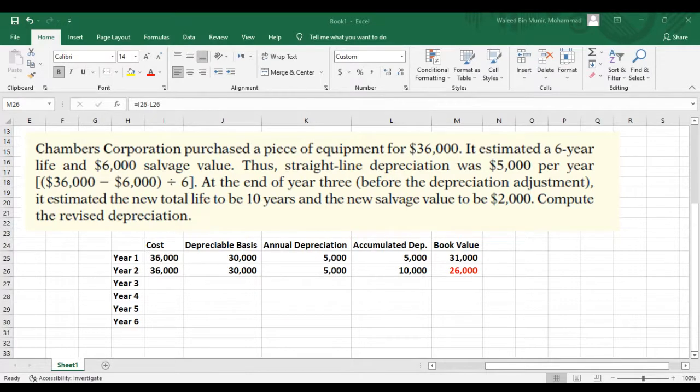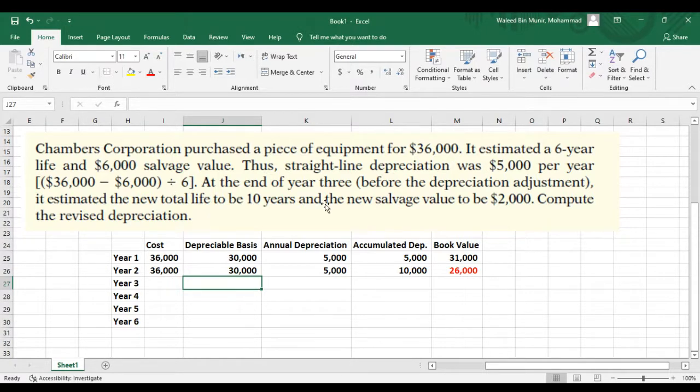First of all, let me ask a question. What will be the number here in depreciable basis? What will be our depreciable basis?